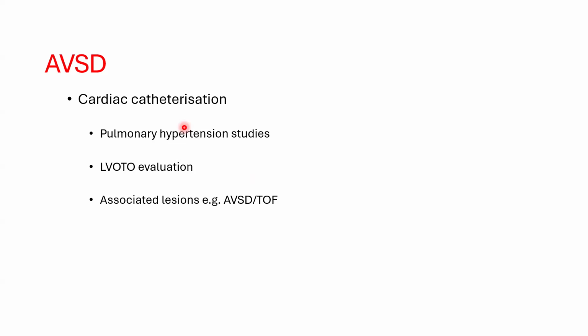Okay. Eugene, you're on. Yeah. So that's one of the things that you do within the cath lab, assessing the pulmonary pressures before you go and try and close. And then they also typically tend to have left ventricular outflow tract obstruction.